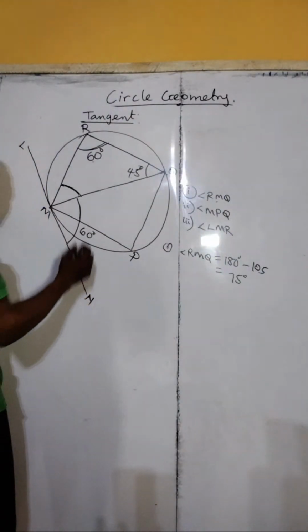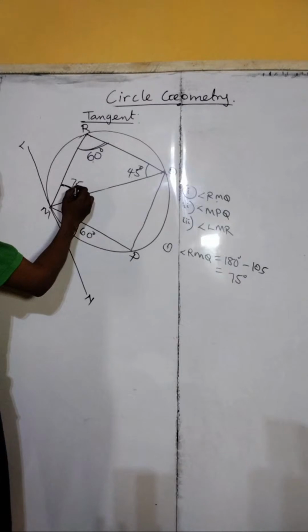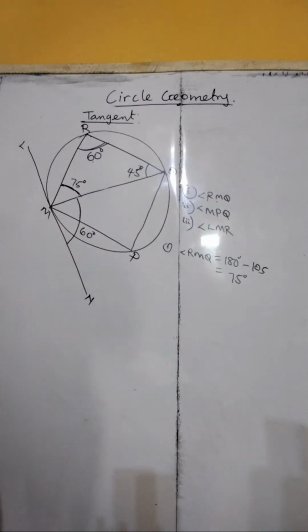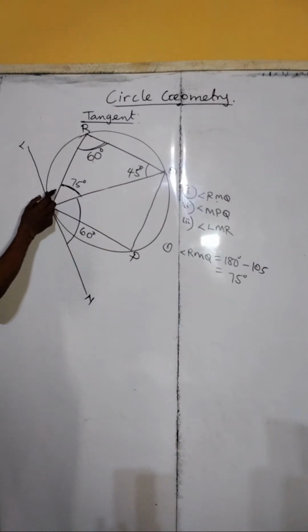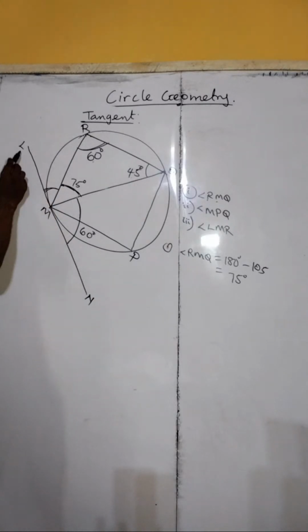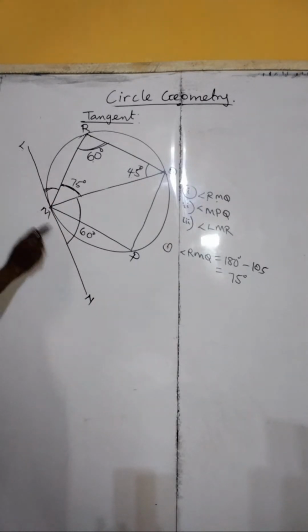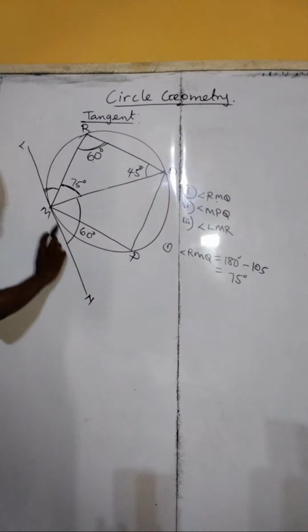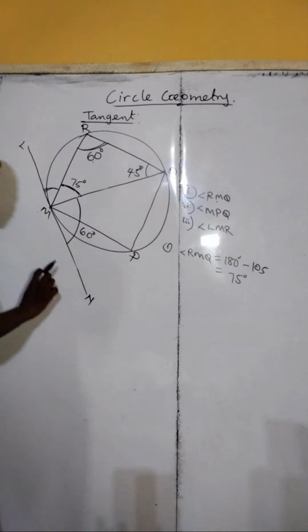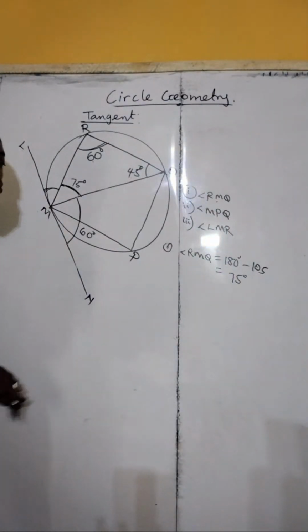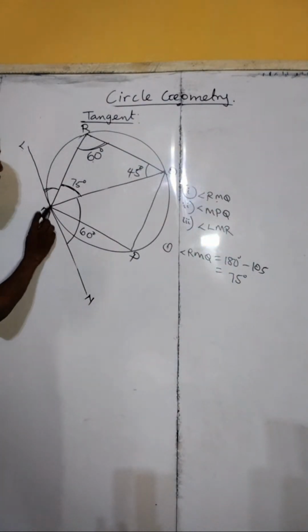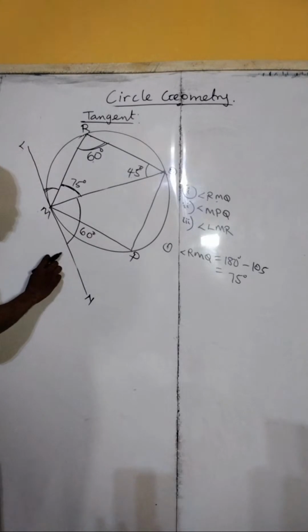Now, we have already gotten this at 75 degrees, which is the angle between these two chords. Now, I can balance it and get this angle here because everything on this line, LMN, is a straight line, okay? And by the time we add everything together on that line, it should be 180 degrees.